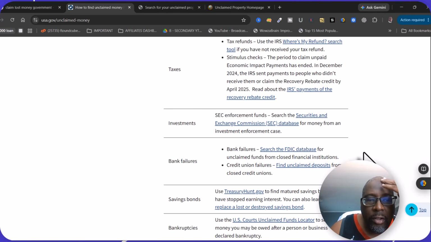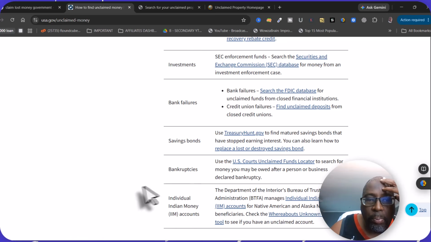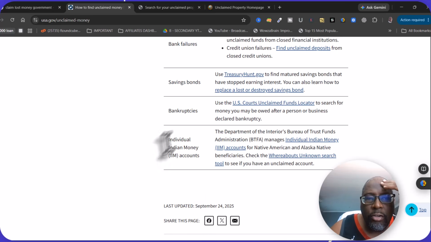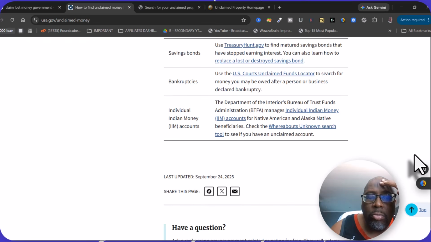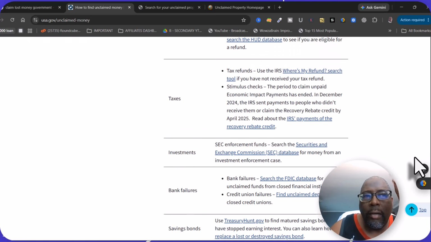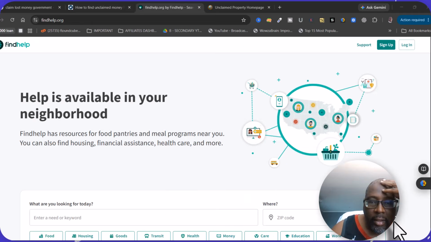So bank failures, savings bonds, bankruptcies, individual Indian money accounts. There's so much money out here that a lot of people are not even aware that they can actually claim.